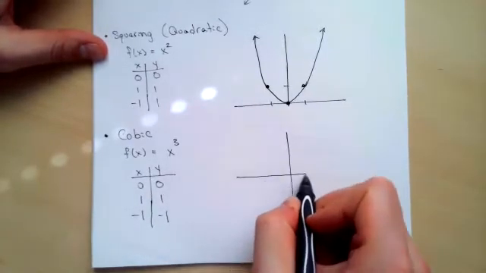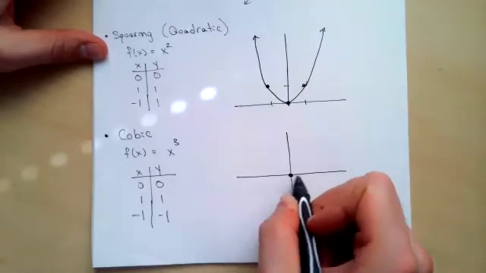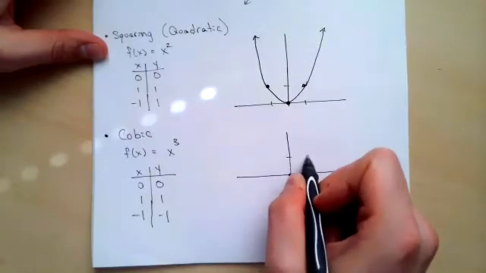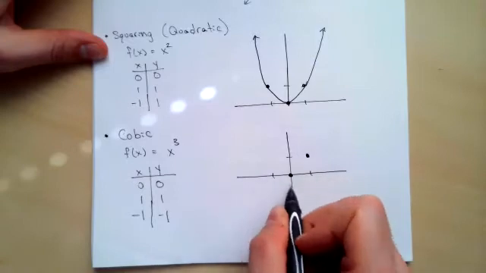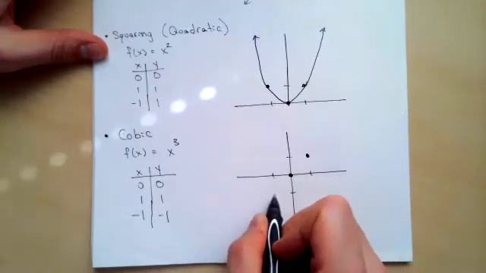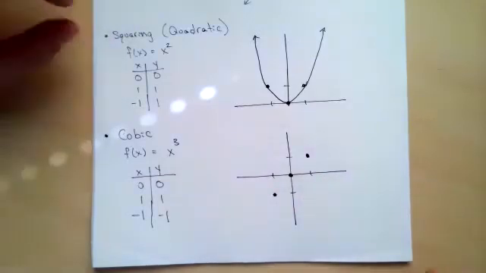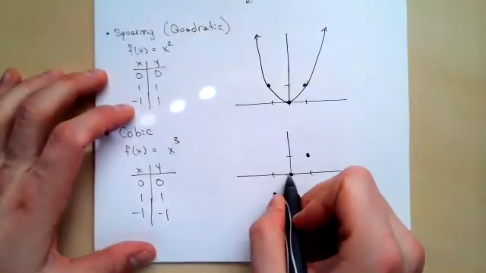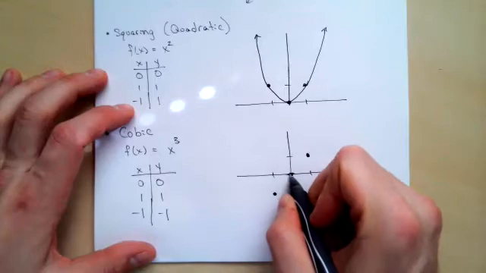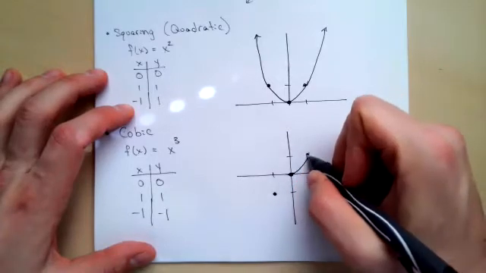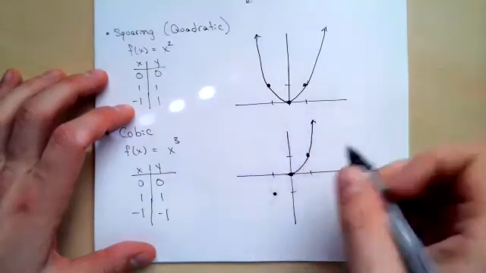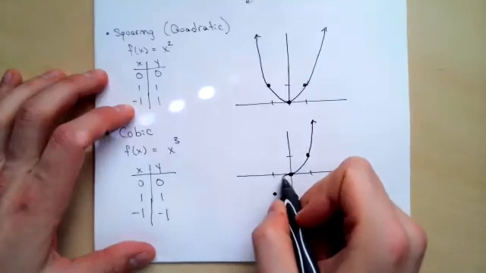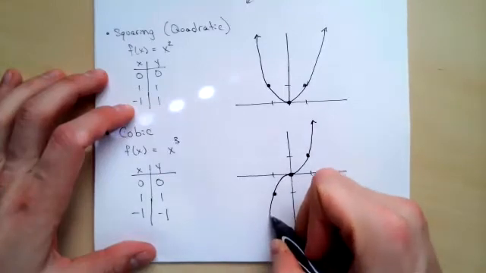So the key points we draw for this guy are (0, 0), (1, 1), (-1, -1). And since it's a cube, what's going to happen? It's going to look flat at the origin, and then the right side's going to go up. It's going to get pretty steep pretty quickly. And then the left side's going to curve downward and then decrease pretty quickly.